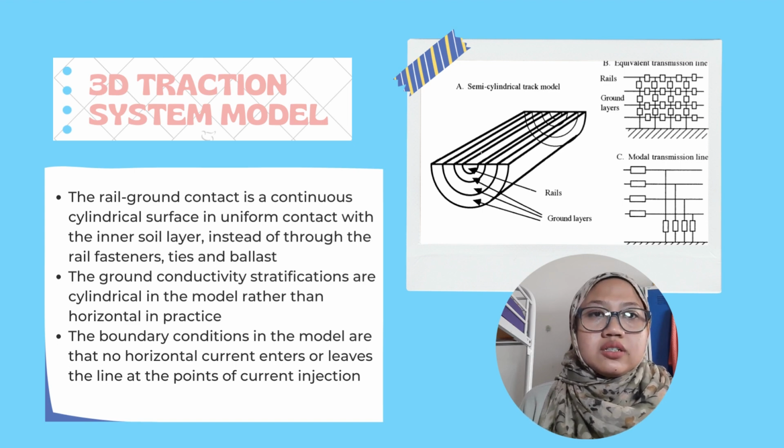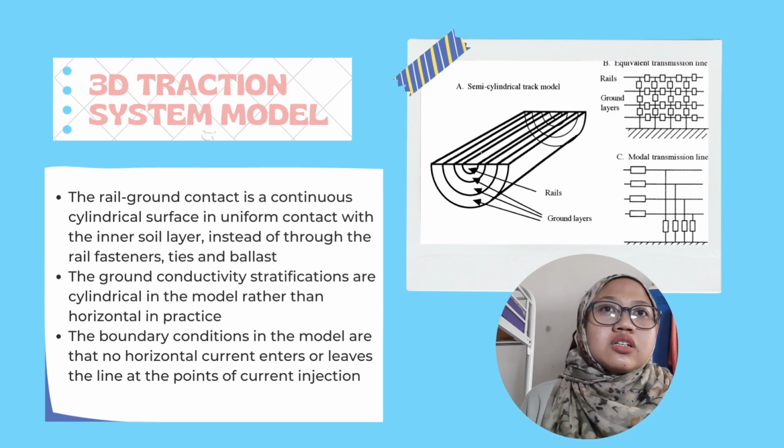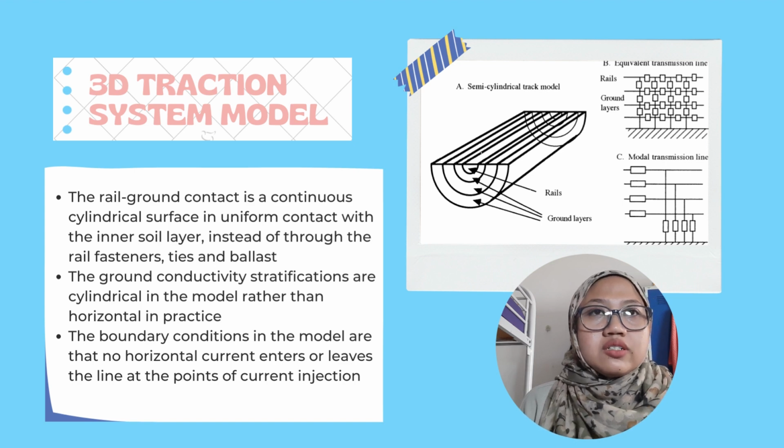at the points of current injection. For figure 3B, we can see the model geometry enables analytical calculation of the equivalent series resistance and shunt conductance values of each ground layer, which is necessary for the formation of the equivalent multi-conductor transmission line, which is MTL.